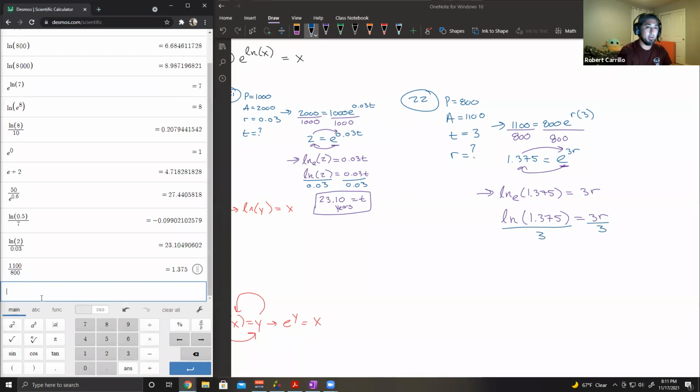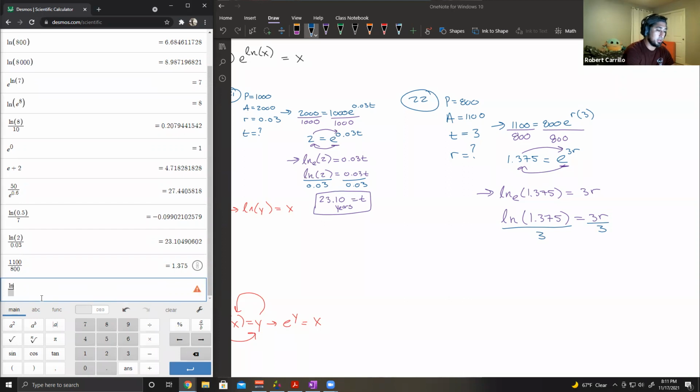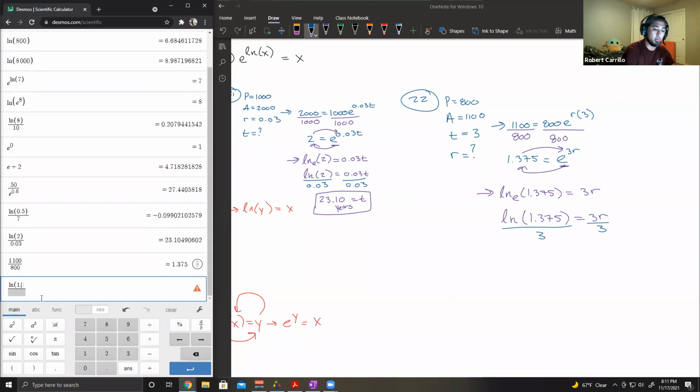Okay. And here you get natural log 1.375 over 3. And the rate that they are getting on this loan is 0.11. And it says since it's a percent, we want to convert from decimal to percent.